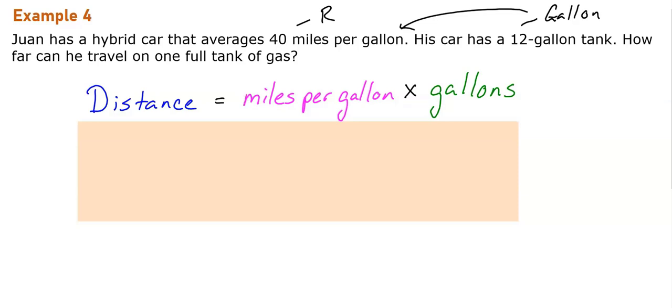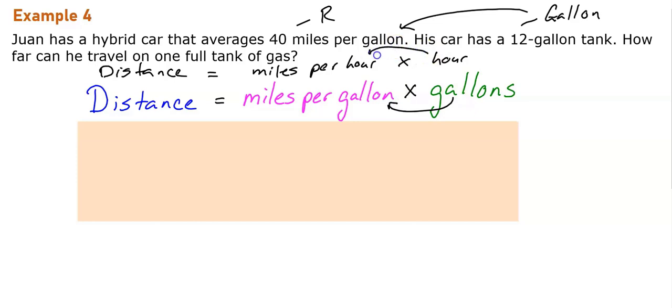If you think about it, our previous distance formula was distance equals miles per hour times the number of hours. So you notice that the measure that you're multiplying against matches the unit in your rate.